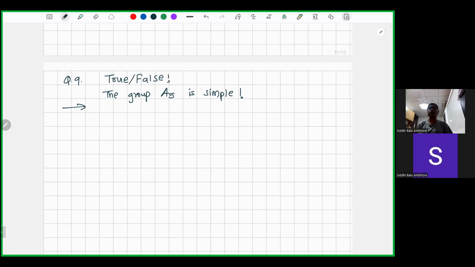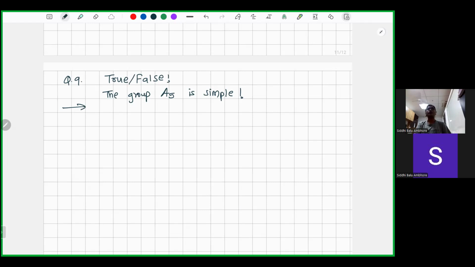We showed how we are writing each cycle as a product of 3 cycles. What we did was, given a cycle, we wrote it in transpositions, and in case of the alternating group, we clubbed 2 cycles, and we gave an explicit expression of how it is written as a product of 3 cycles.